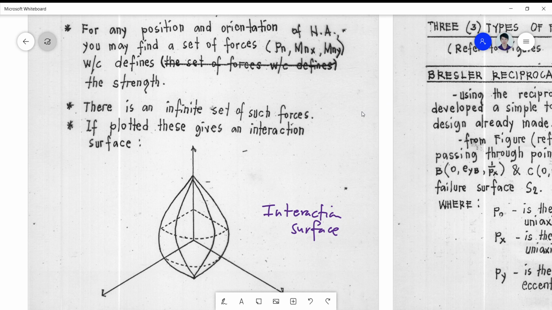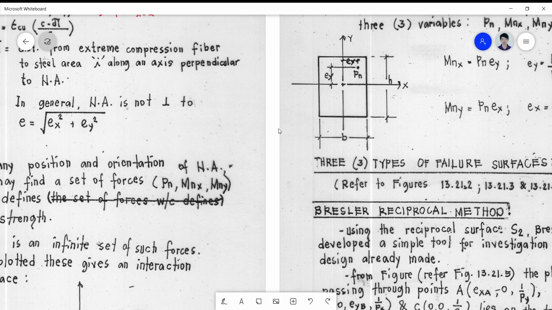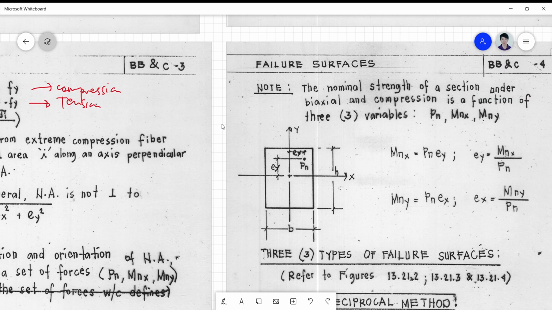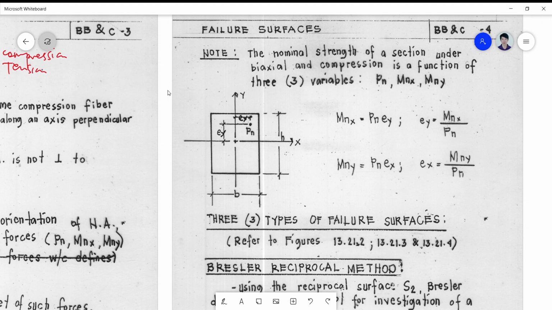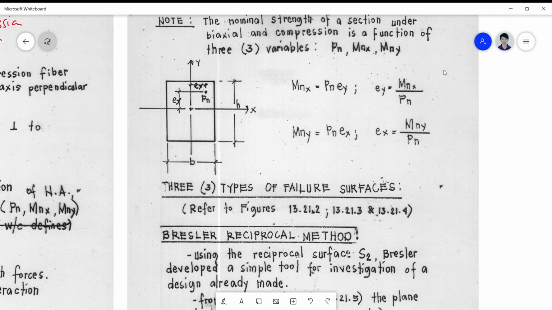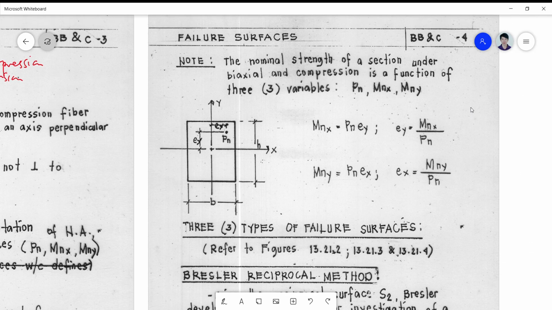Okay, let's try to study the concept of Bresler on the failure surface. So the nominal strength of a section under biaxial bending and compression is a function of three main variables, which are simply your Pn, Mnx, and Mny.